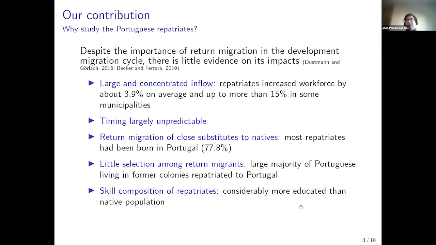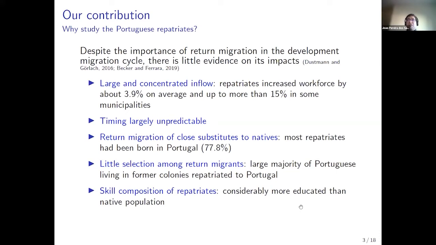So there's a growing importance of return migration in the development migration cycle, but we still have very little evidence on the impact of this phenomenon. So we believe that this case study is interesting because, first of all, it was a very large and concentrated inflow of people.